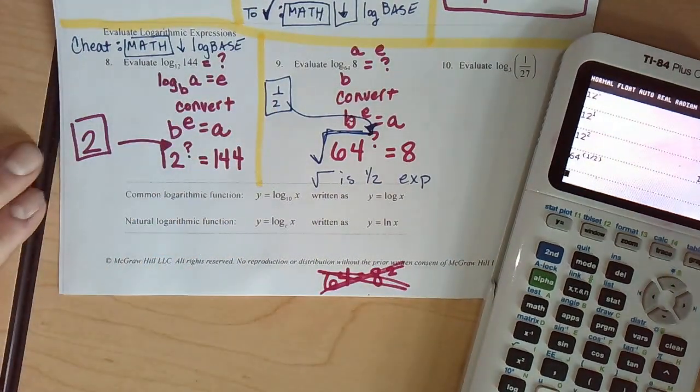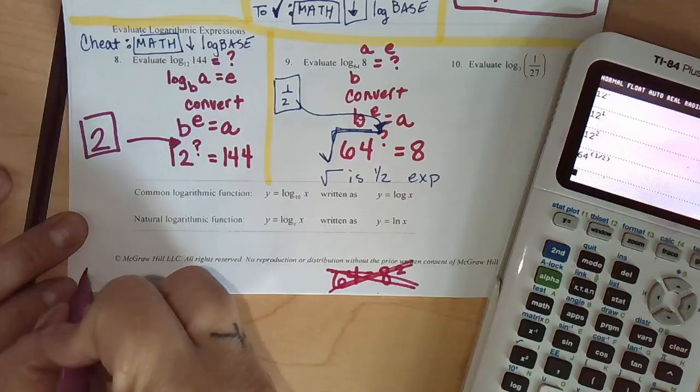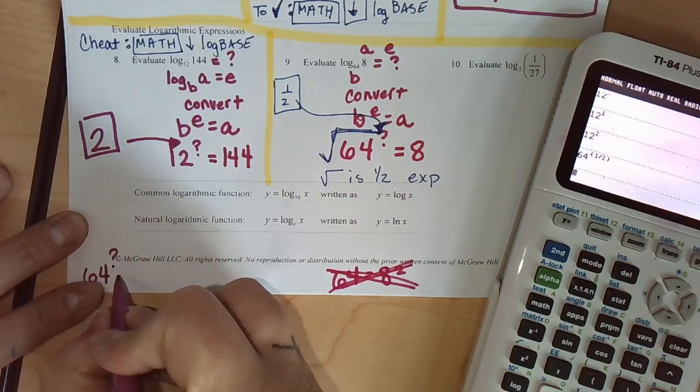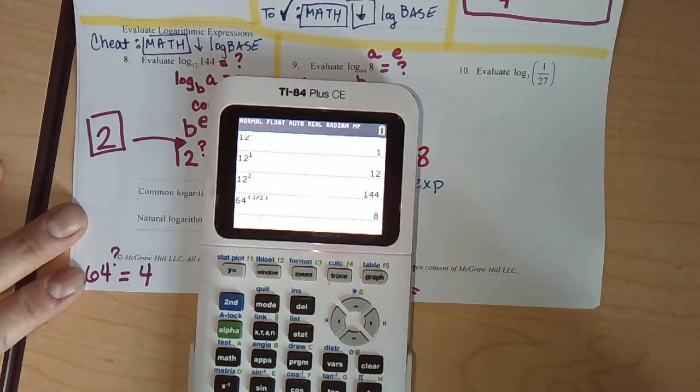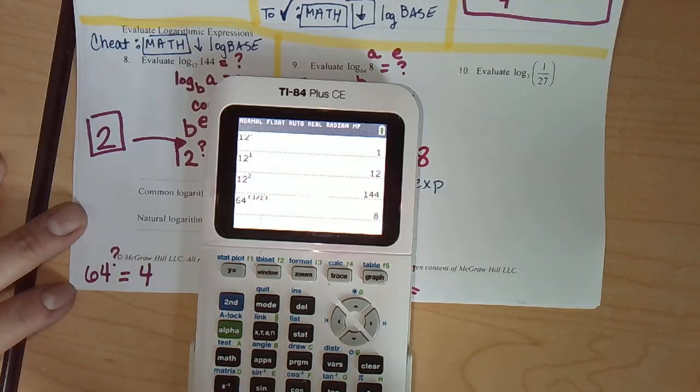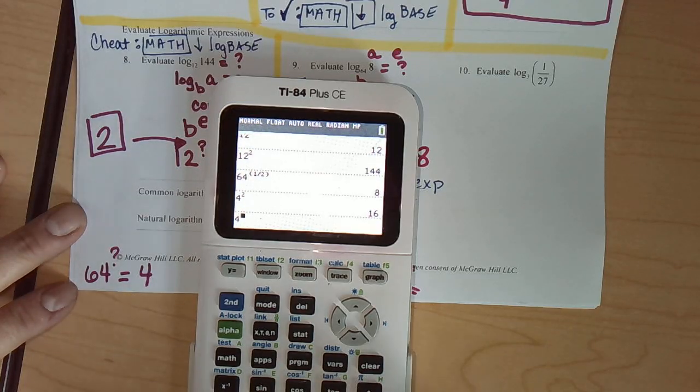Let's say if I would have had 64 to the question mark equals 4. Well, let's see. 4 squared is 16. What's 4 cubed?